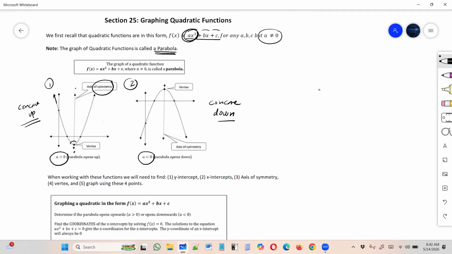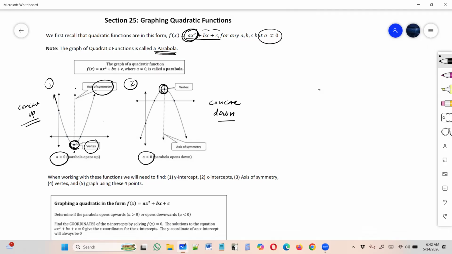At either the lowest point or the highest point of a parabola, depending on whether you have concave up or concave down, the name of the point is called a vertex. So the vertex is either the lowest point or the highest point of the parabola.